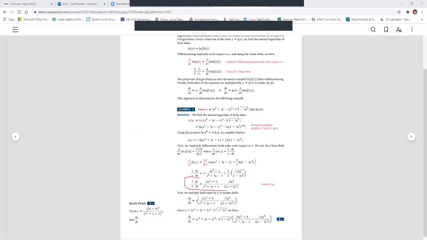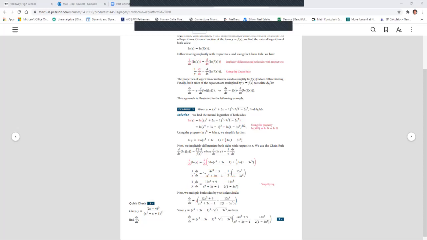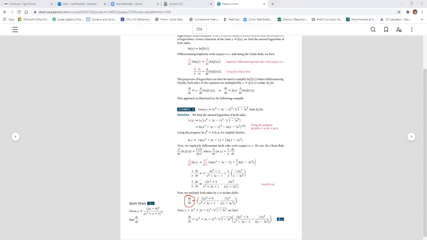They just distributed the 3 across on the first term and got the 12x cubed plus 9. And then they just kept the 2 here on the bottom. No big deal. Remember, our goal is to ultimately get y prime, or dy over dx, by itself. And they just multiply both sides by y to do that.